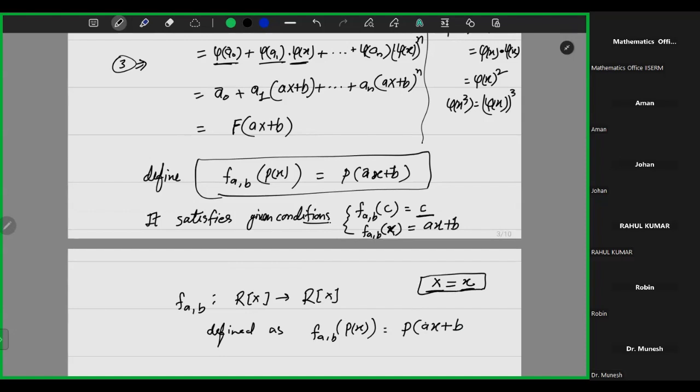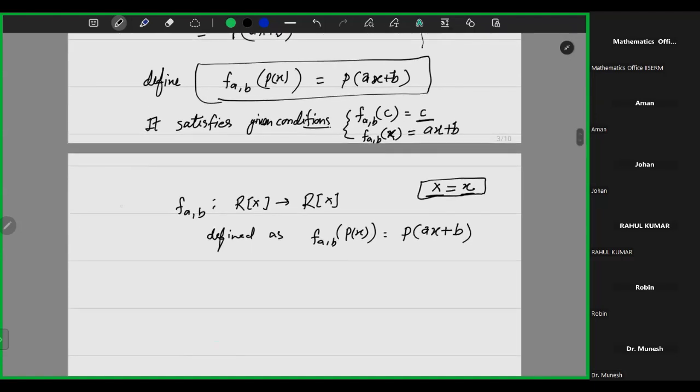Don't be confused if it is capital or small letter, they are the same in my handwriting, sorry. So first of all we want to check F_AB of 1. It is going to 1, right? Because it is a constant polynomial. We checked here.